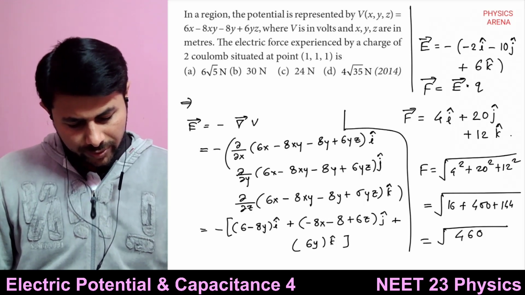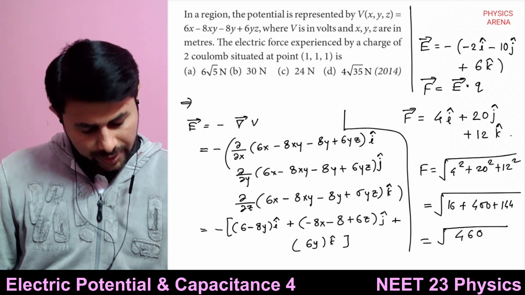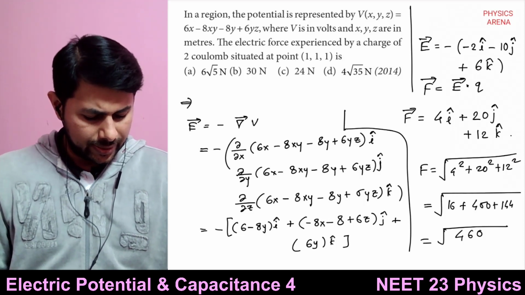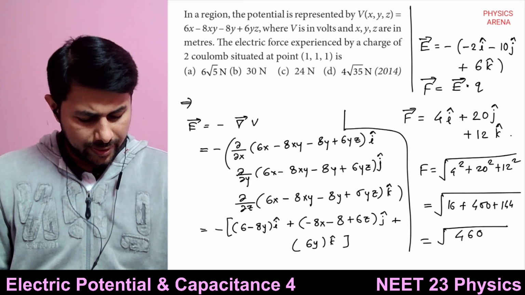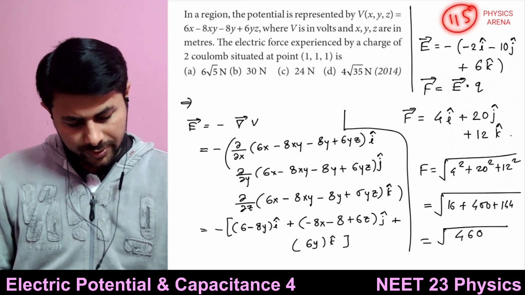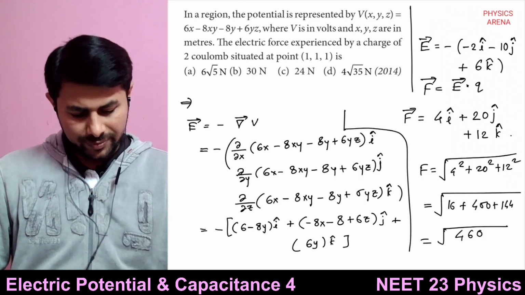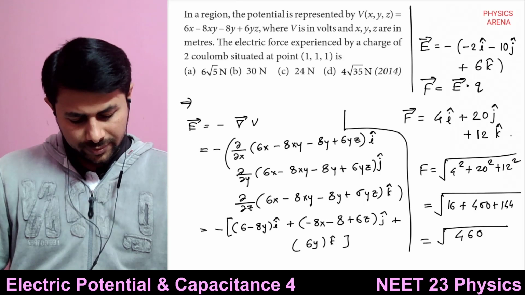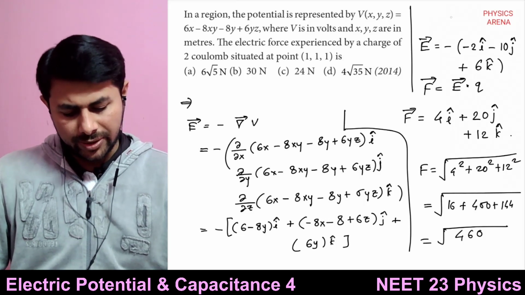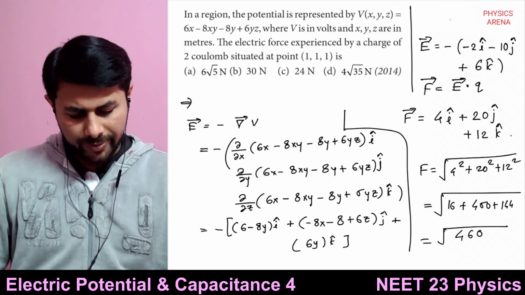It is 2 times square root of 115, right? And 115, have I made some mistake somewhere? 115 is divisible by 5. So if you divide by 5, it is 23.